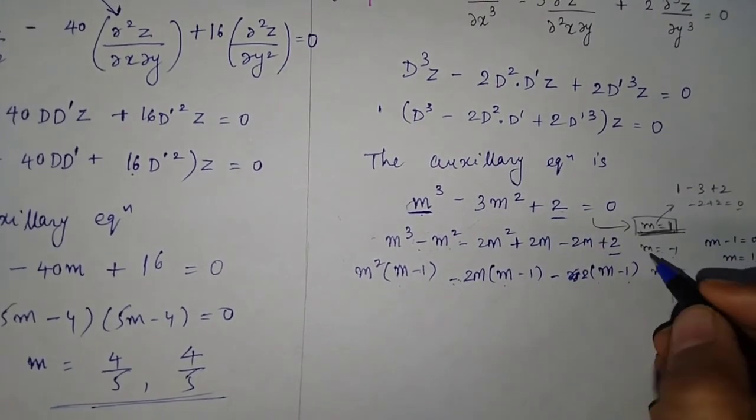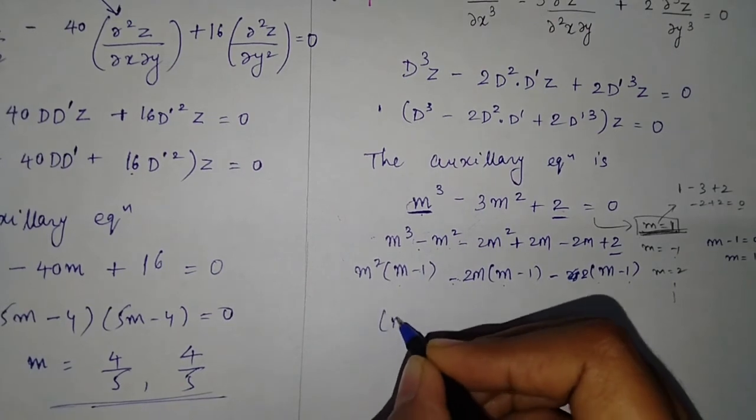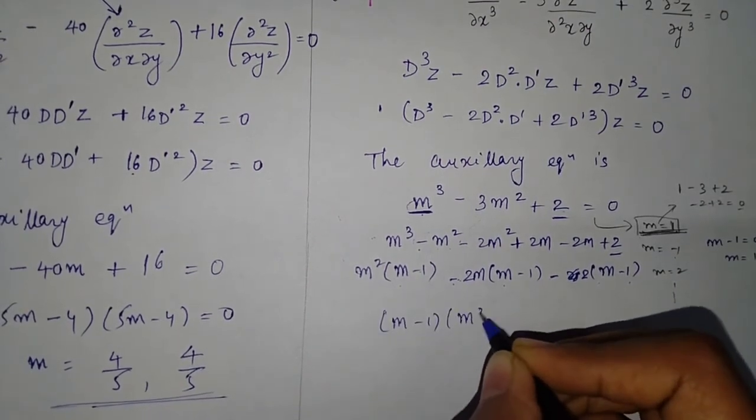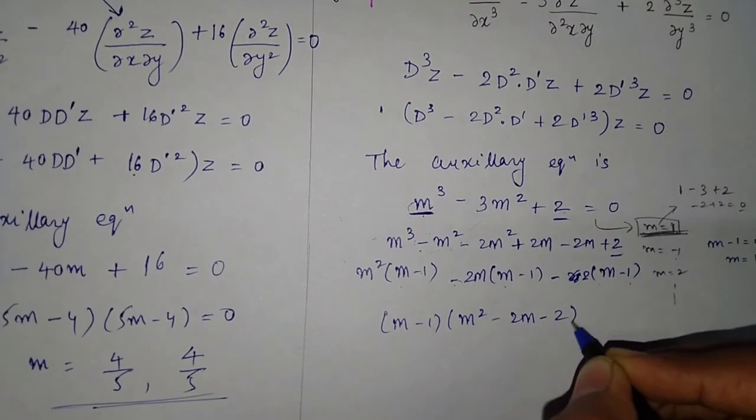So I will get m minus 1 into m square minus 2m minus 2 equal to 0.